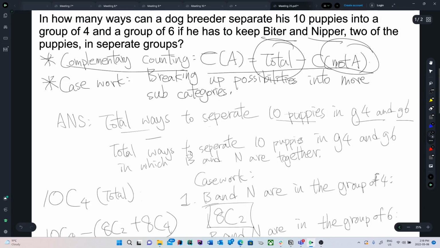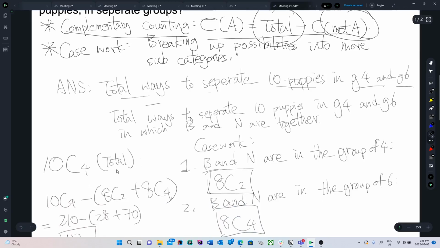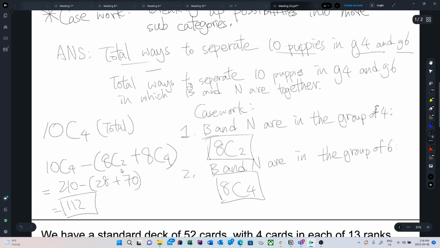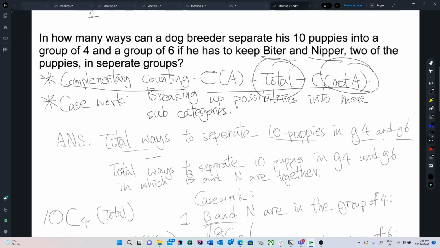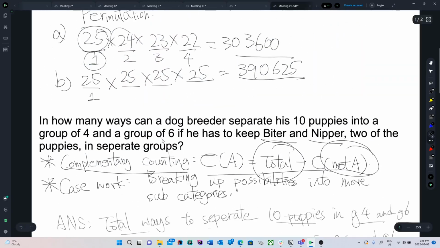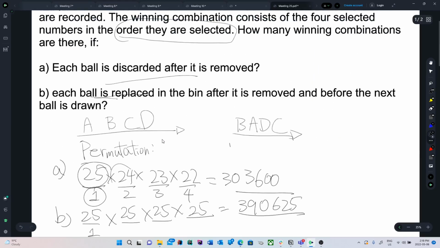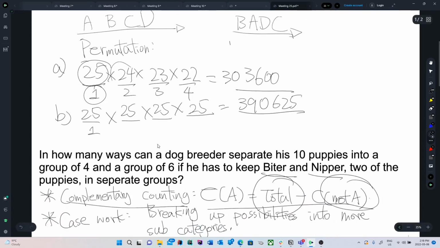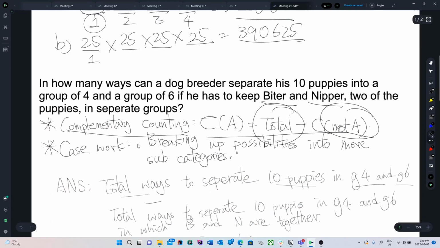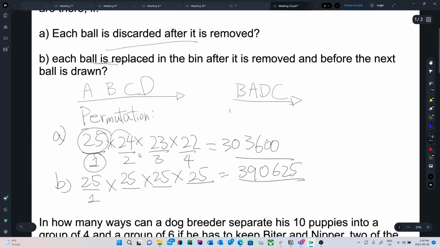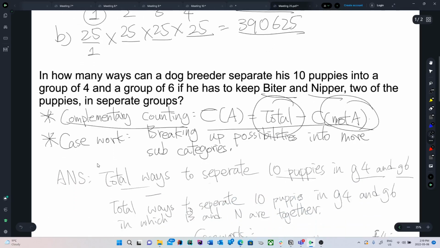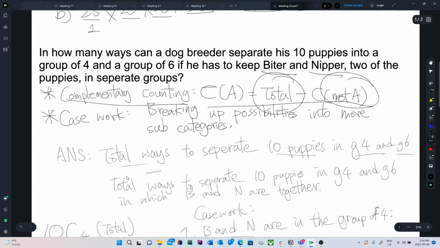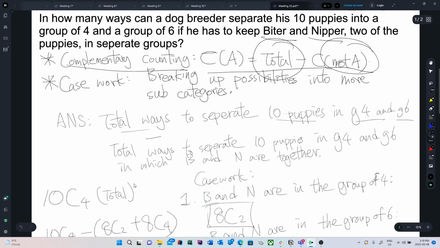In a more complicated question, we need to make sure first whether they want us to count the different orders or not. If they do, then throughout the whole question we need to separate all the orders. And if they don't, then throughout the whole question, the order doesn't matter.